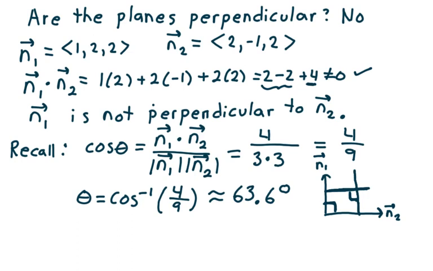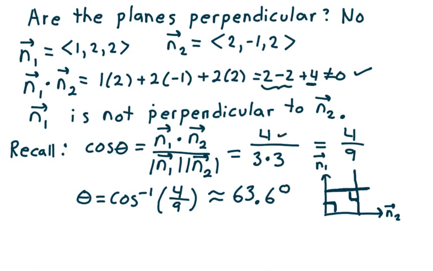Now, let's find the angle of intersection between the planes. It's sufficient to find the angle of intersection between the normal vectors. Now, recall, cosine of theta is equal to n1 dotted with n2 divided by the length of n1 times the length of n2. The dot product of n1 and n2 is equal to 4.